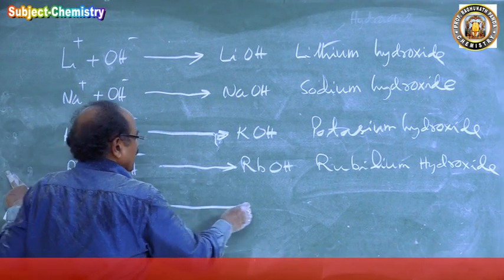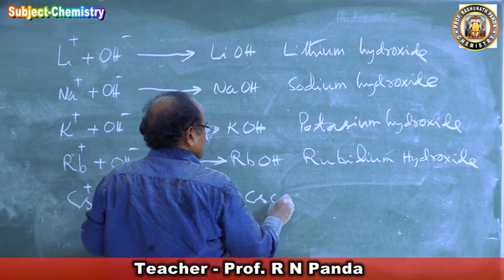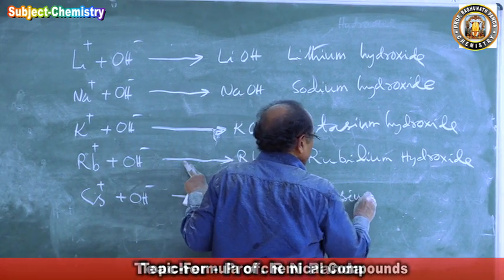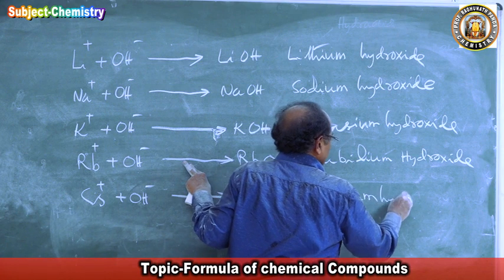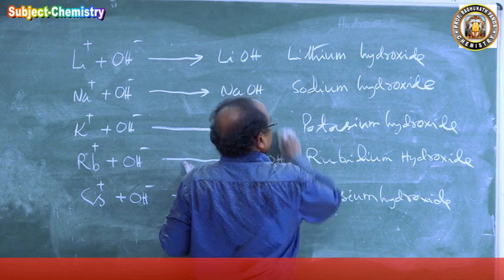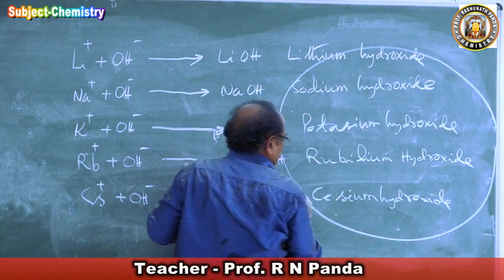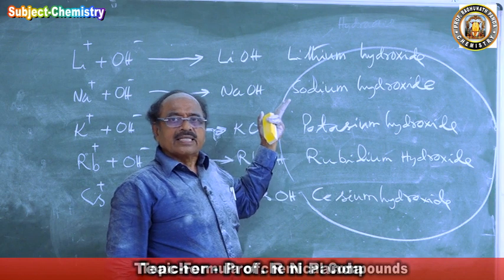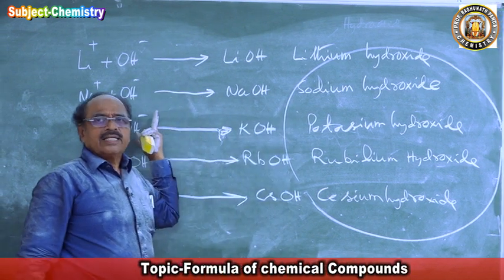So this will form CsOH, cesium hydroxide. These are the bases. They are called alkali metals because all these hydroxides are highly soluble in water, hence they are called alkalis.